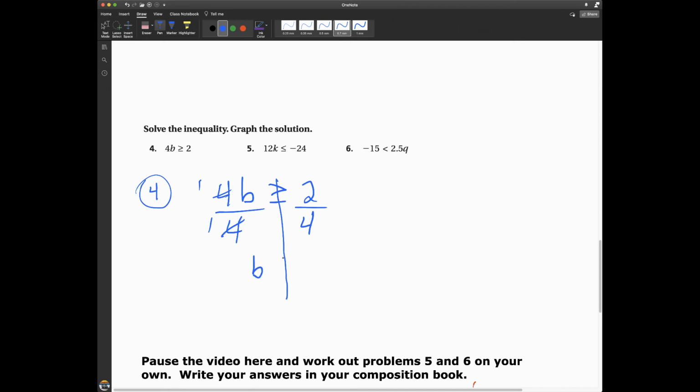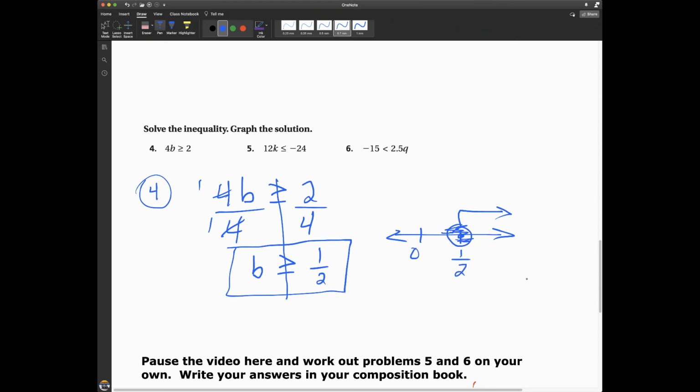I end up with b is greater than or equal to 1/2, which is the same thing as 2/4. So remember, fractions always need to be in simplest form in your answer. And then you guys, we've been graphing like crazy. You guys are probably bored watching me graph these things. You can do them quicker and neater than I can, but there's my graph. B is greater than or equal to 1/2.